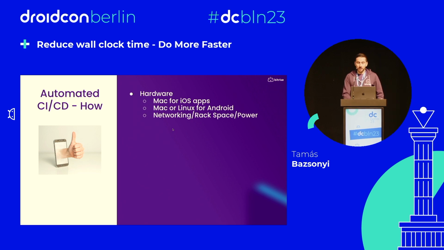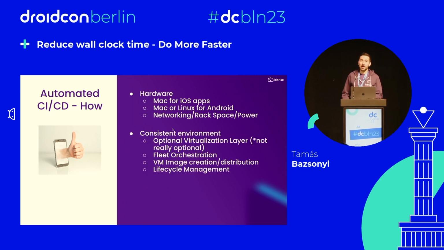The next one is a consistent environment, basically making sure that if you bump into an issue, you still have a way to debug that specific issue. This can be achieved with virtualization, and you need to make sure that those virtual machines are always set up correctly and that they have the correct tools pre-installed.